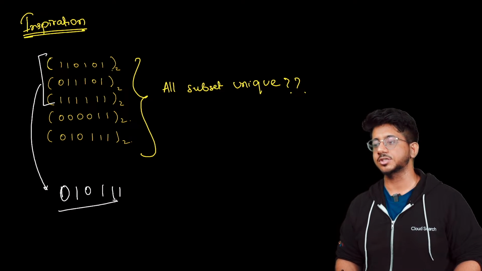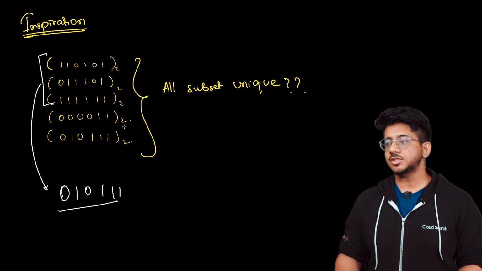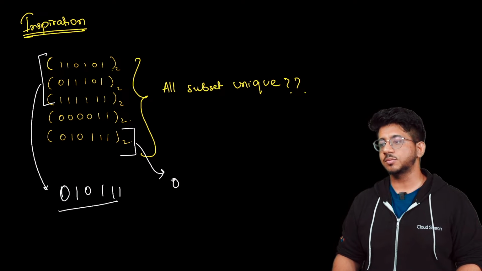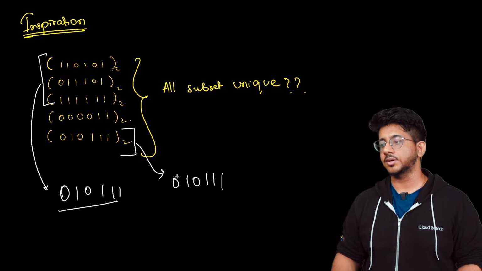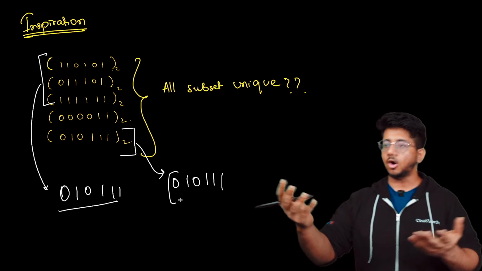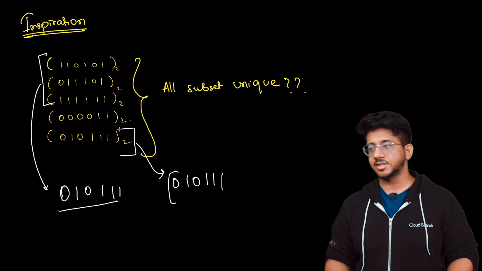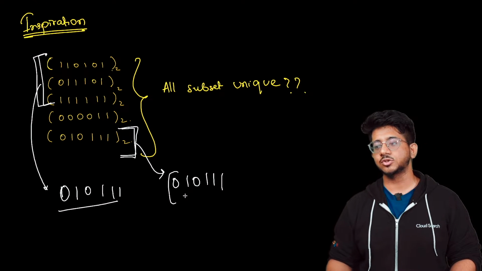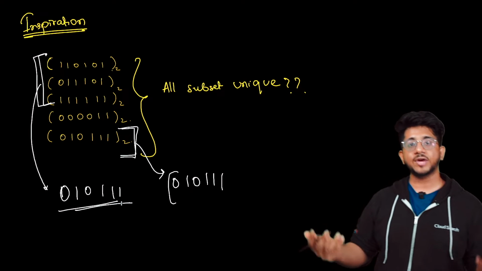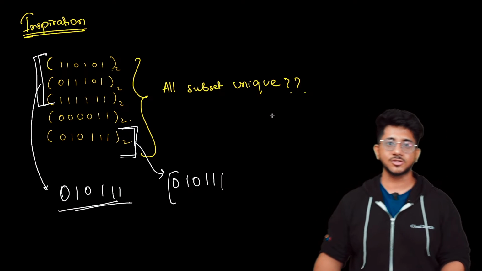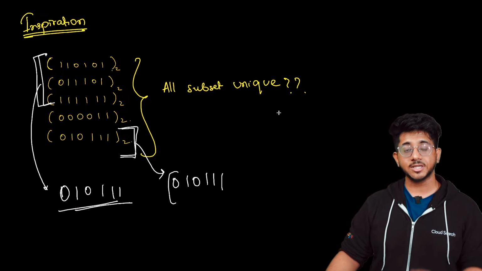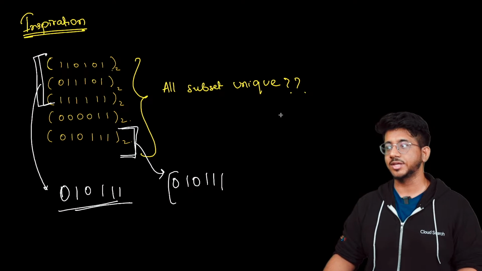That's how XOR works, right? And if you see just this single element, that will also be 0, 1, 0, 1, 1, 1, right? So obviously not all subsets are unique. I mean, this subset and this subset lead to the same XOR value. So we need to find out how many different subset XOR values exist, right? Unique XOR values exist.